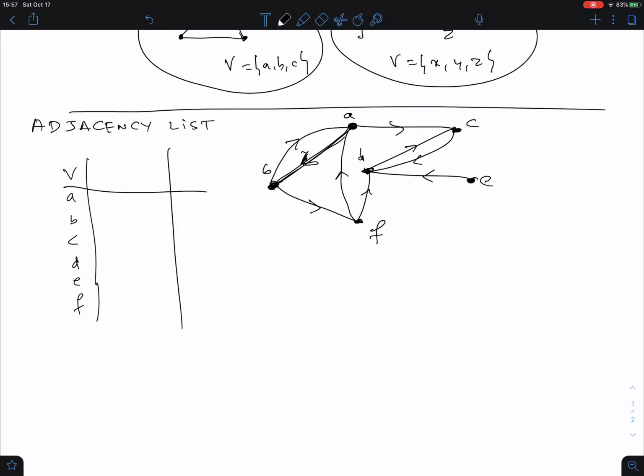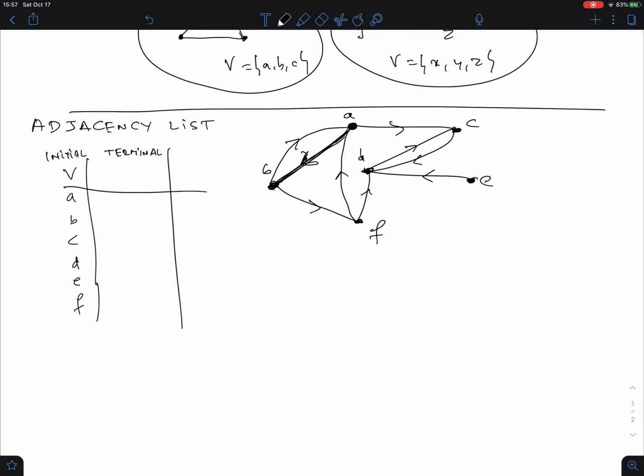Now, we know that in a directed graph the order is a little bit different, right? So we have an initial vertex, and this will be the terminal vertex. That's important, but of course it's still the neighbors, right? If you start from A, what is a neighbor here for A?